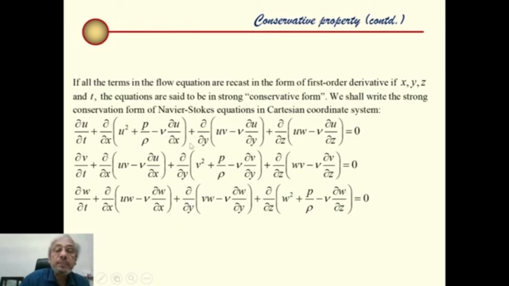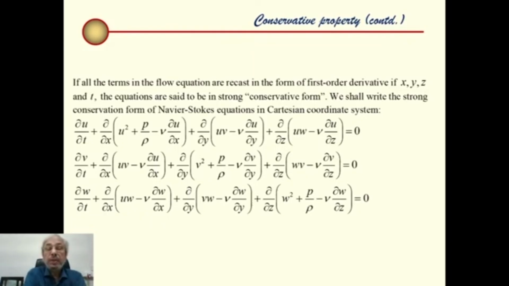That has come here. Similarly, del y of uv, and from the Laplacian of u, if you bring nu del 2u del y2 on this side, you will get this. And if you bring nu del 2u del z2 on the left side, you will get the left hand side as this. In a similar way, the v momentum equation or y momentum equation can be written, or the z momentum equation can be written. When we write in this way, it is called the strong conservative form.